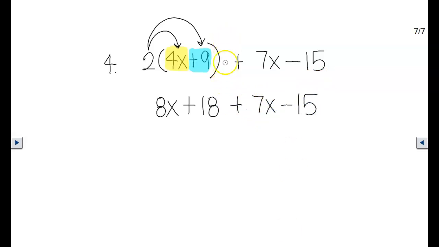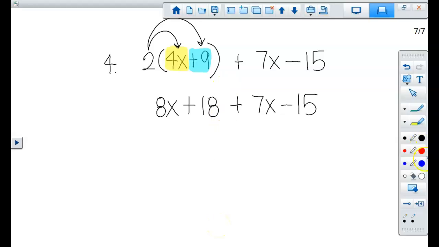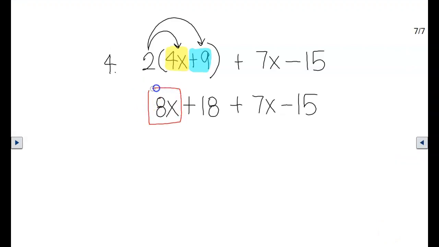Notice the distributive property ends right here where the parentheses end. The other stuff just moves down. So now I combine like terms if necessary. So look at your first term. Your first term is 8x. His variable part is just x. So do any of these other terms have a variable part that is just an x?